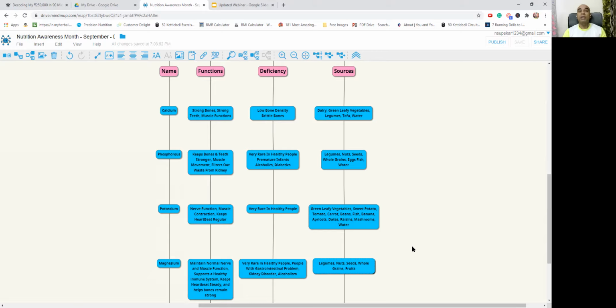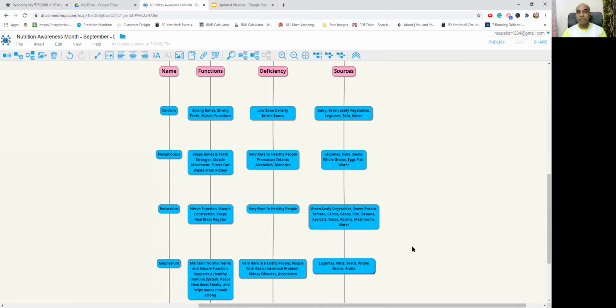Because we are not consuming them on a regular basis, there is a deficiency of all the vitamins and minerals, and our body is in excess of carbs and fat, and that is why we store fat, and we are all overweight because of our fats.